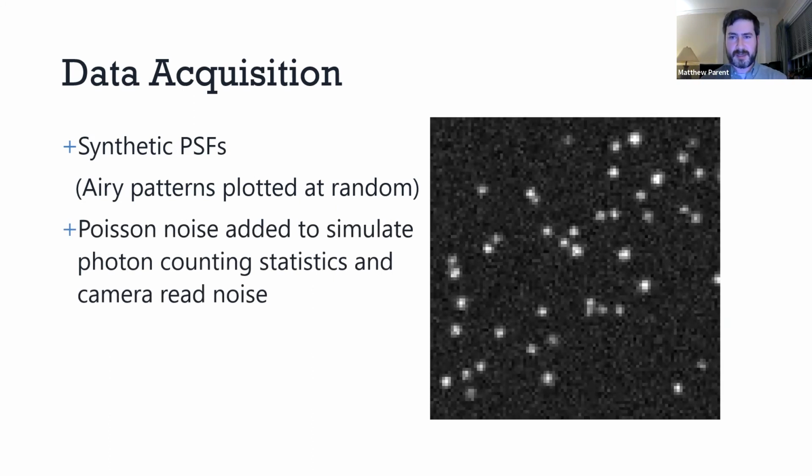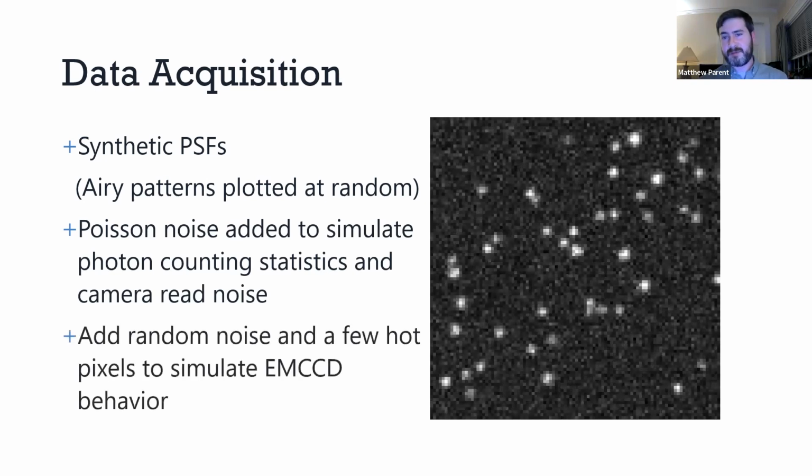You'll see them corrupted like this due to the effects of photon counting. Camera read noise also comes into play here a little bit, also a Poisson process usually, but that's how it's corrupted. Then I'll add a little bit of extra noise to simulate, for example, an EMCCD behavior where you sometimes get some hot pixels and other small corruptions in your data.